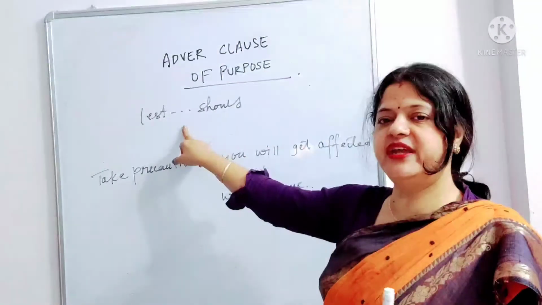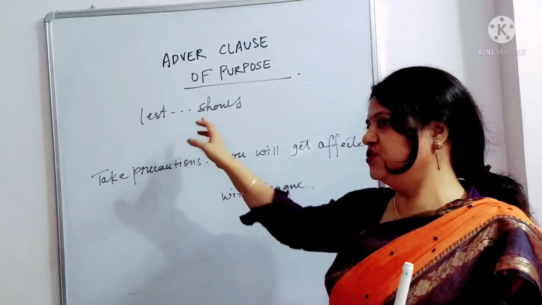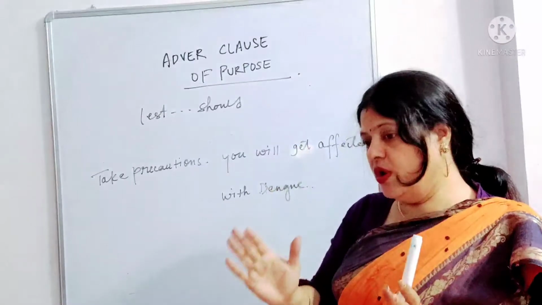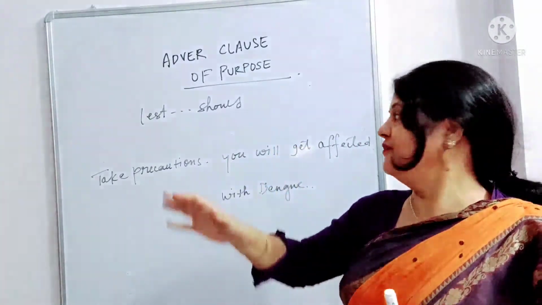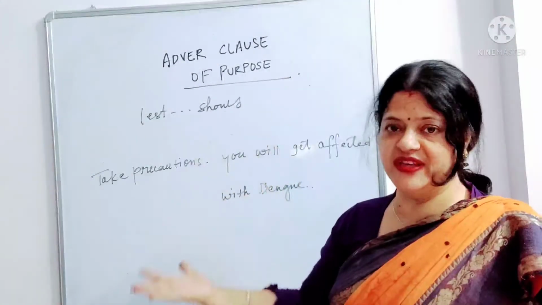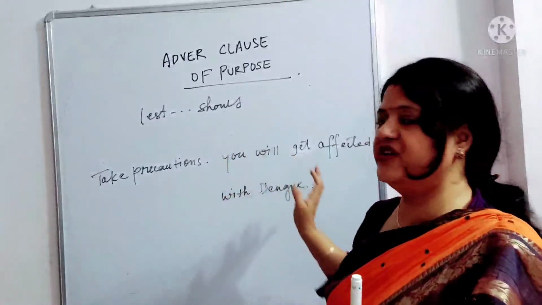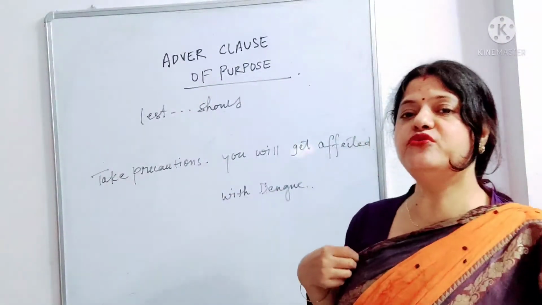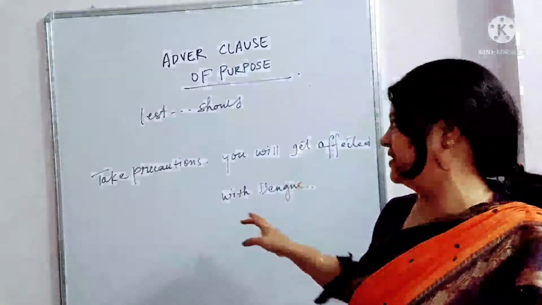Lest actually gives negative expressions. Lest means you are warned that if you do this, you will have to face this. First we will read these two sentences and find out how we can use lest and should in them.